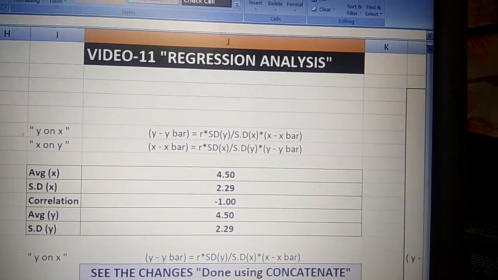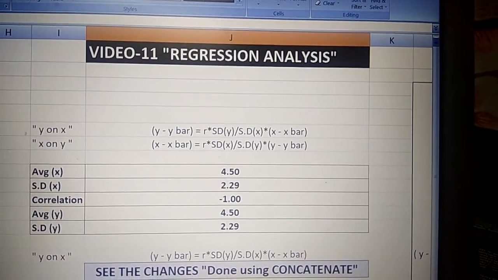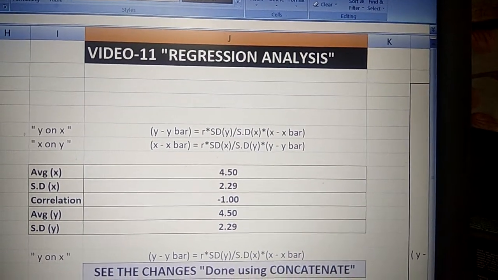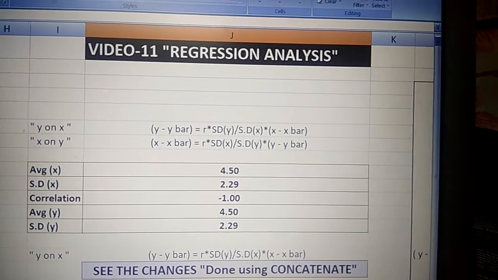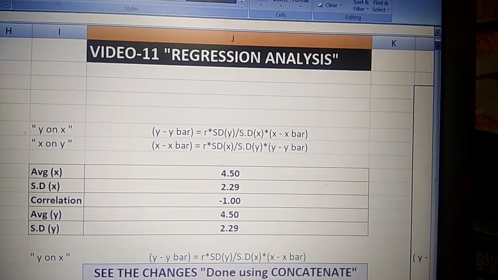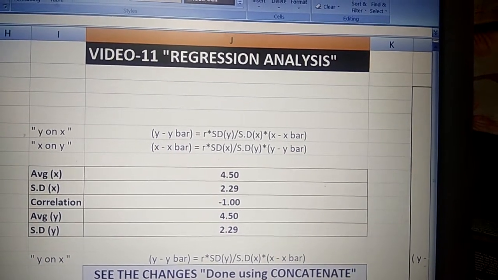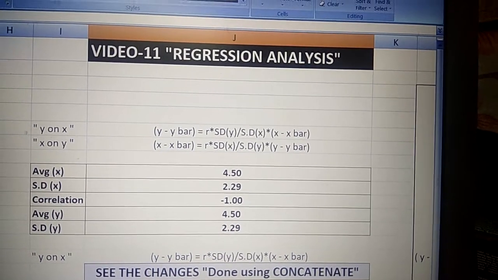Since it is a two-way prediction and only x and y are involved, it will be called bivariate regression analysis. And if there are more variables, then we will be going for multiple regression.